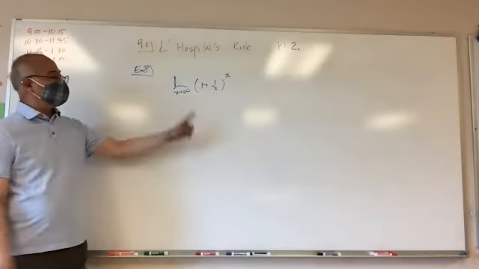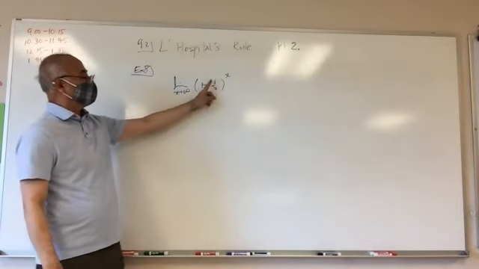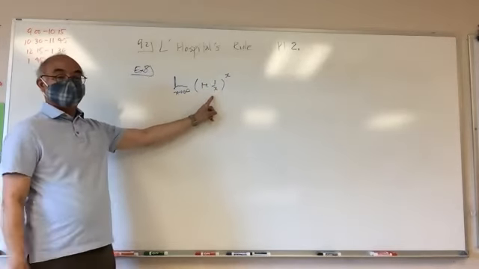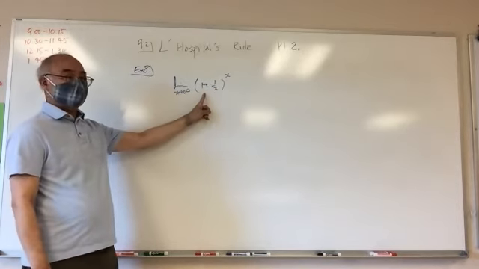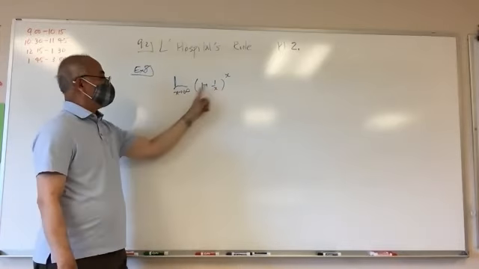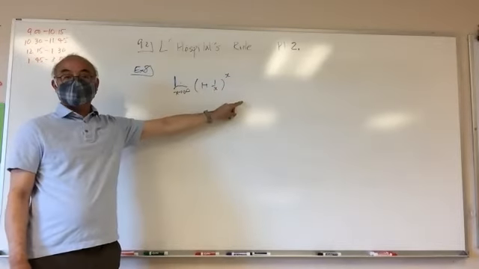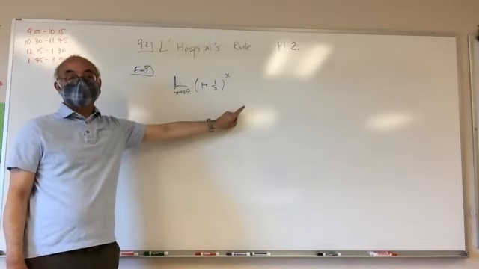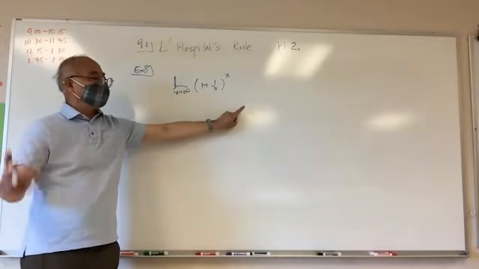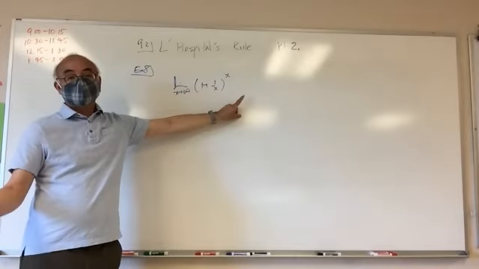And so as x goes to infinity, this goes to 0, so I get 1 to the infinity. It's basically 1, right? So the answer seems to be, or you could think that it's 1, but it's not.